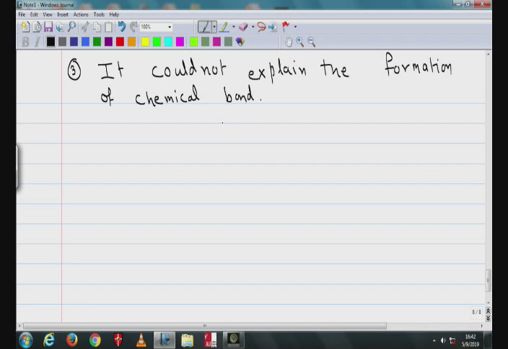This is again a drawback. This theory doesn't talk about how a chemical bond is formed, and how molecules are stable.